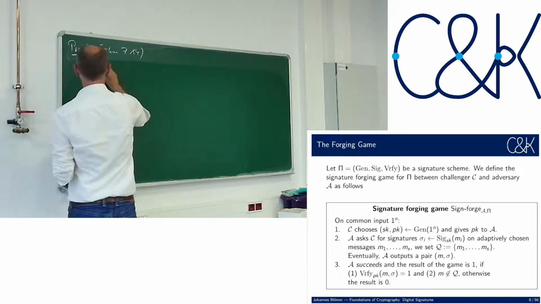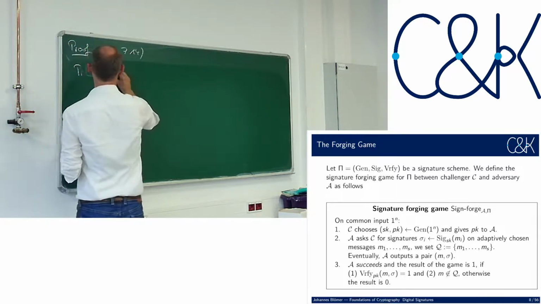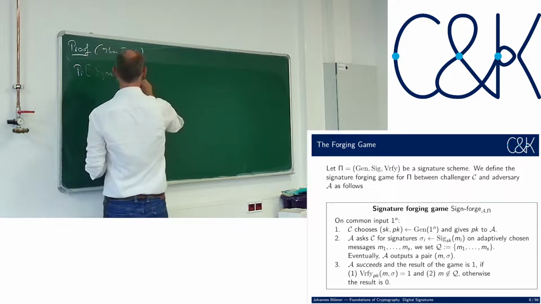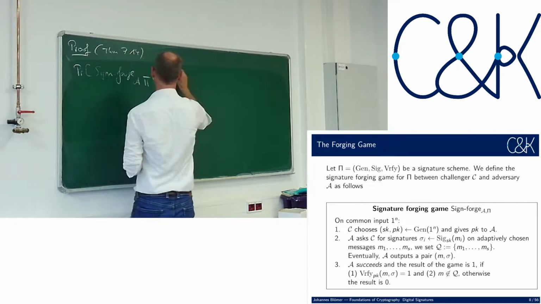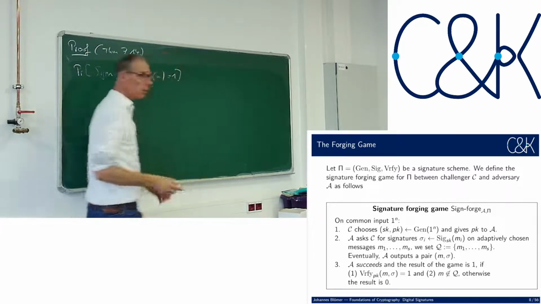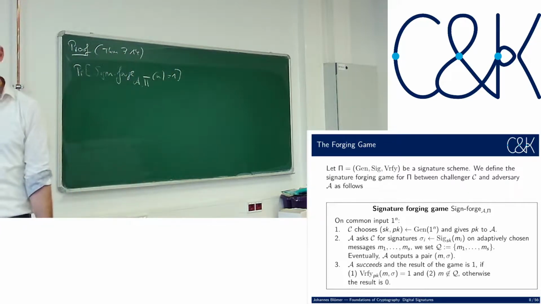This is the thing that we want to analyze: sign forge of A against pi on input n. This is the thing that we need to analyze. We want to show that it's negligible. Right?